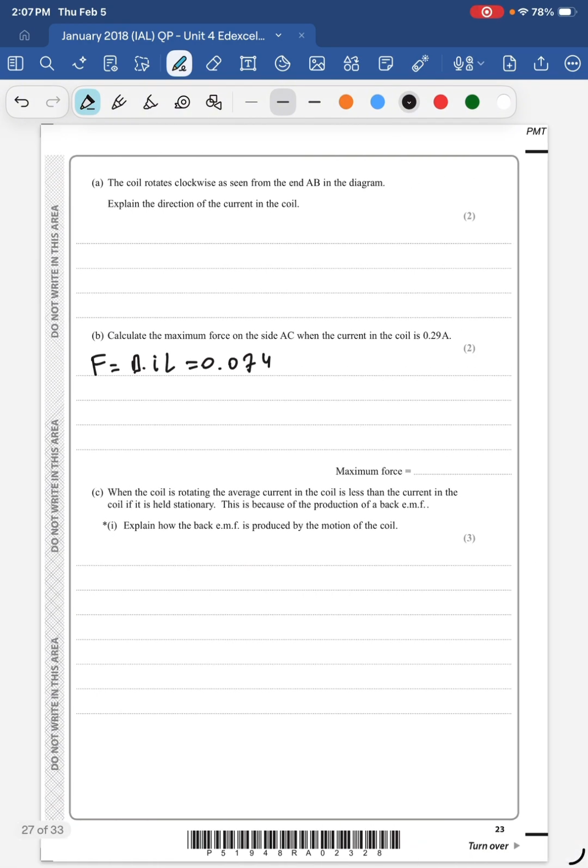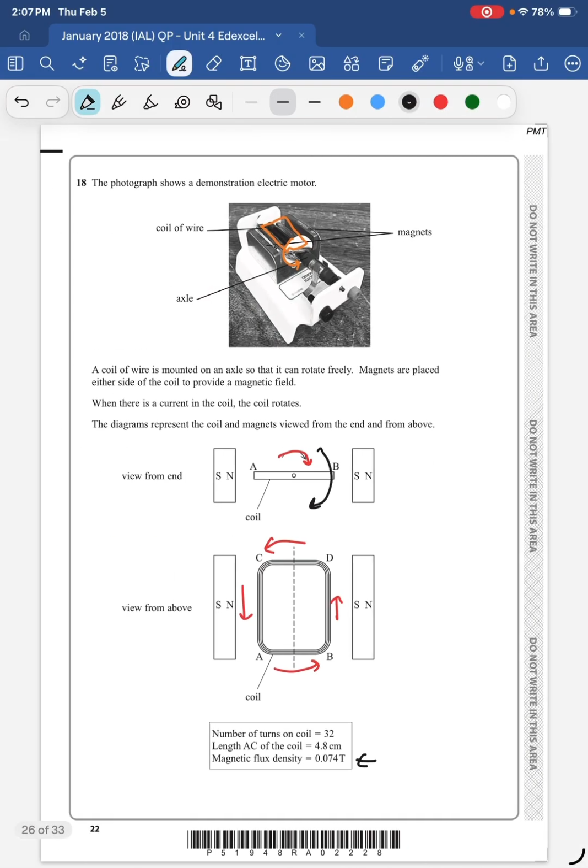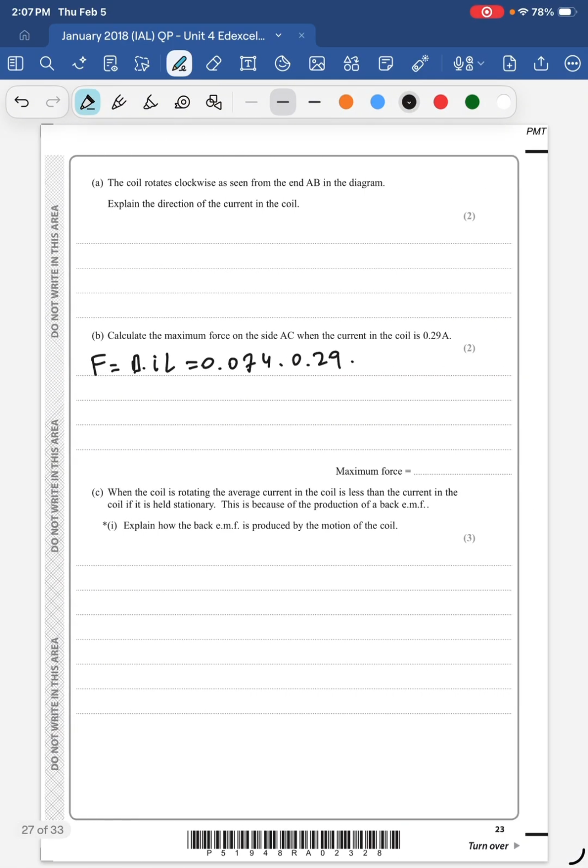Then the current is 0.29, and then AC is this side, and they give us the length AC, so times 0.048. So this is 1.03 times 10 to the negative 3 newtons.